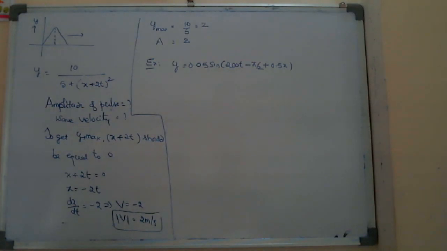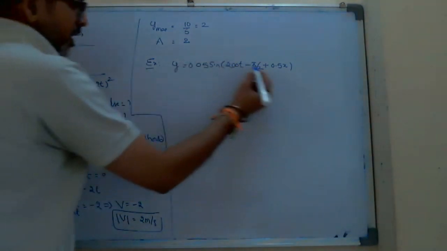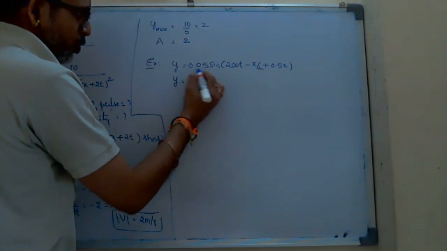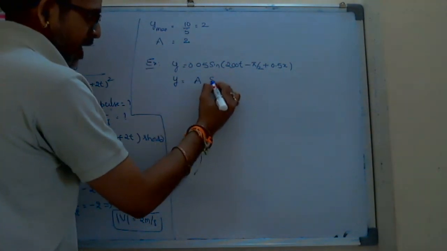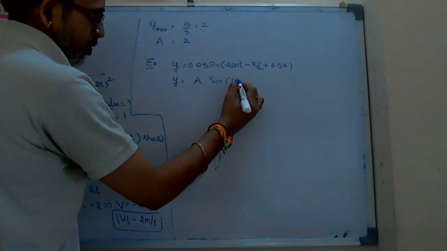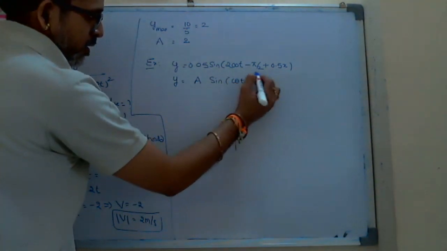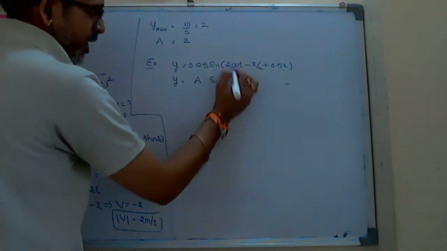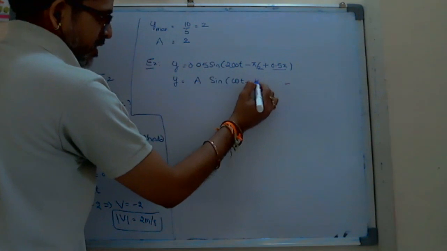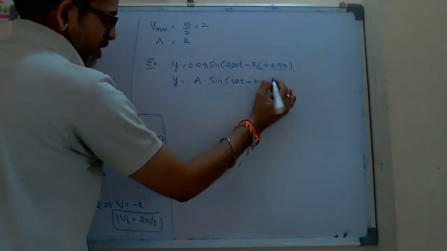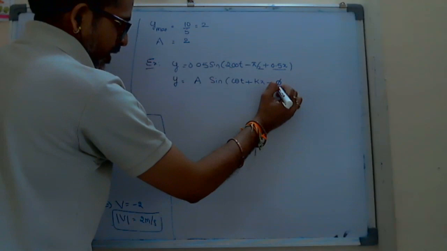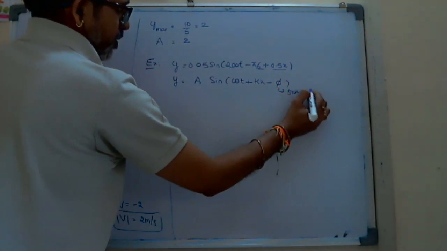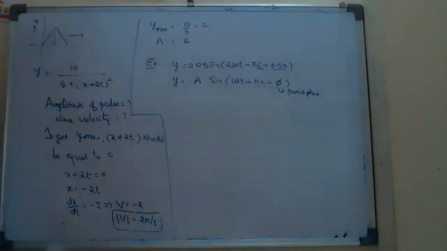Why? Because, as I told you yesterday, it is in the form of y equals A sine (omega t plus kx minus phi). This phi is the initial phase. Plus or minus phi.